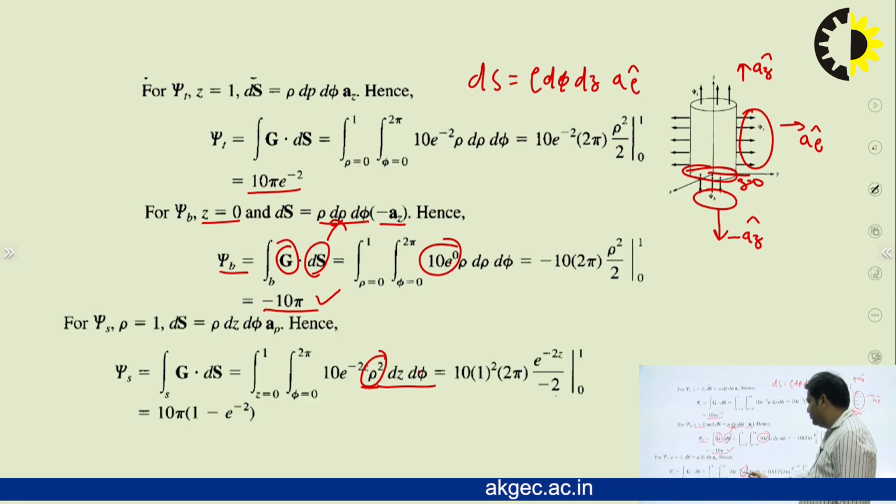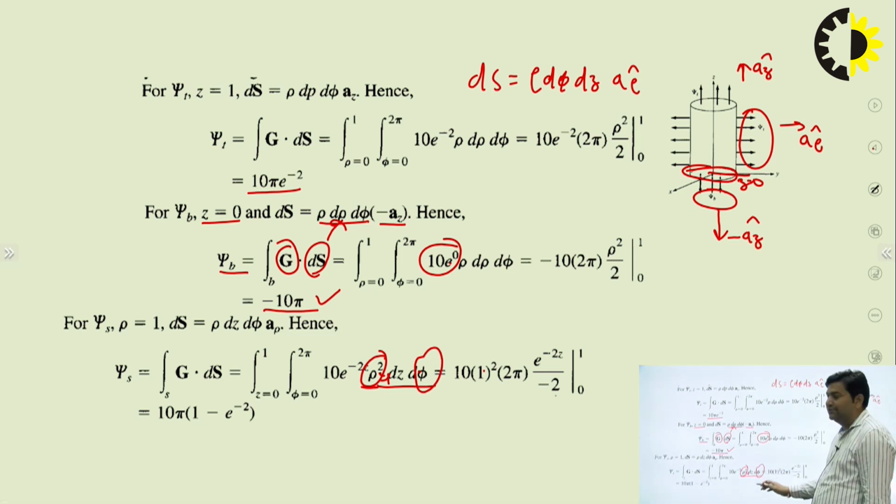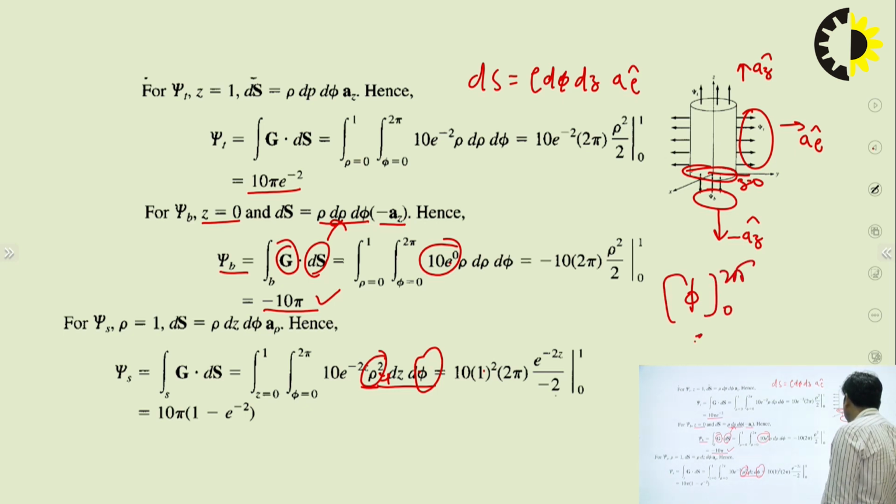So you put the value rho equal to 1 here, and the value is tan into 1 square into 2 pi, because if we integrate d phi, we get phi, and we put the limit 0 to 2 pi. So what is the value of this? 2 pi minus 0, so the value is 2 pi, and we put rho equal to 1.